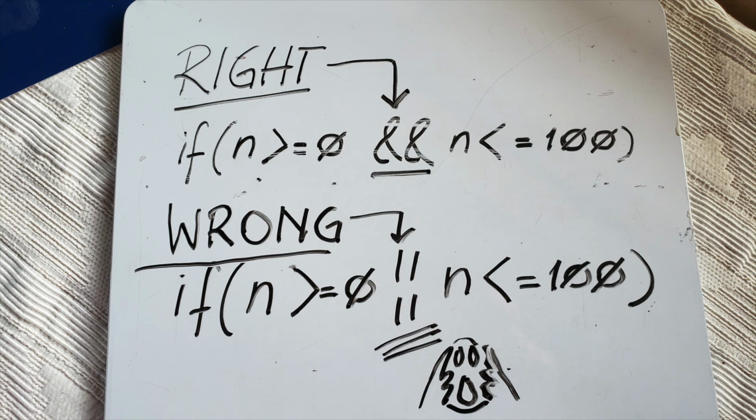If n greater than or equal to 0 and at the same time n is less than or equal to 100 is the correct way to check if a value is within a range. Be careful. Do not use OR when you want to find if a number is within a range. Okay? So we use AND for within the range and OR for outside of the range.